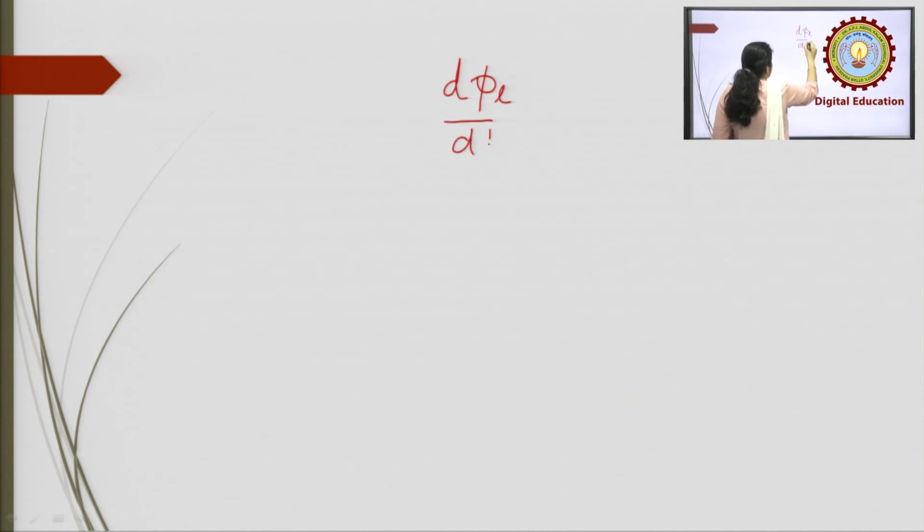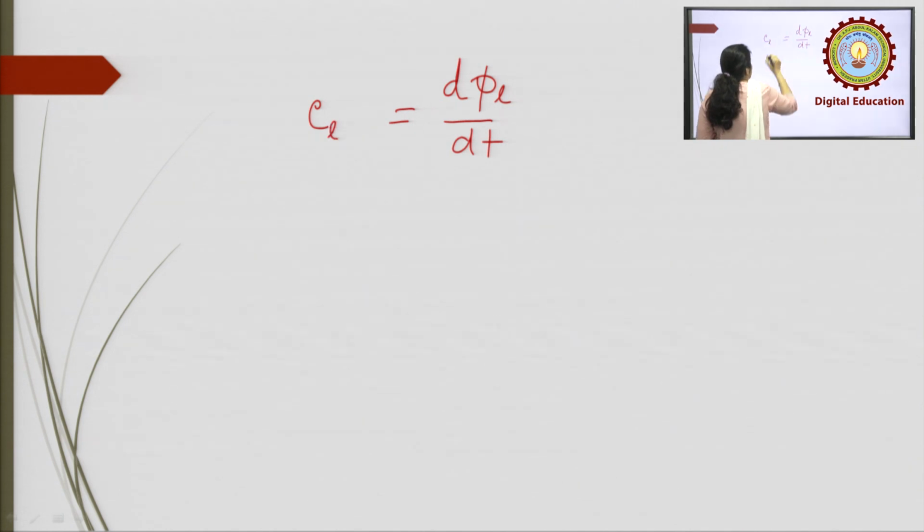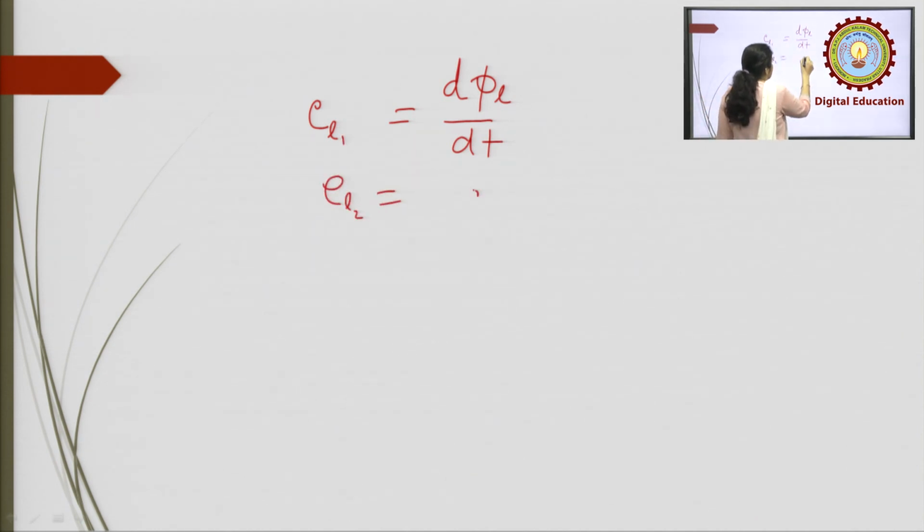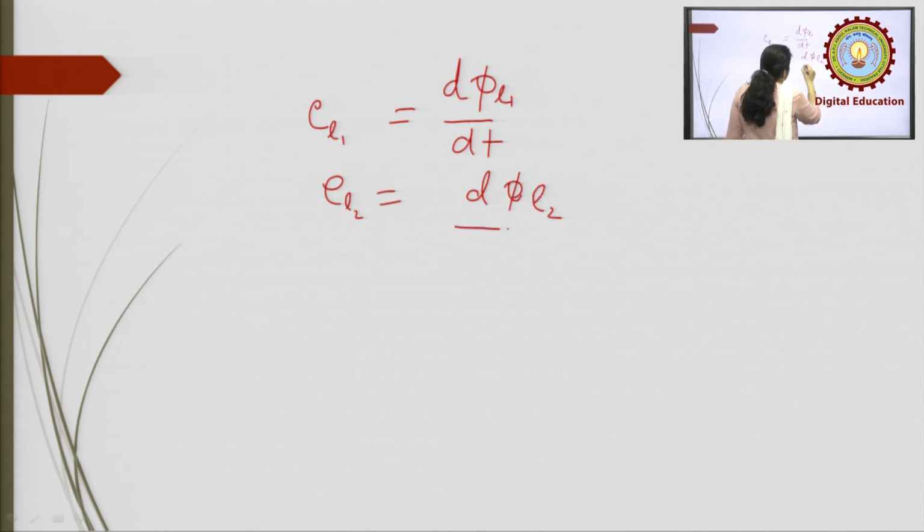So, d phi L by dt will create a small EMF induced in the primary side, and this EL2 will also create a small voltage drop across the secondary winding.